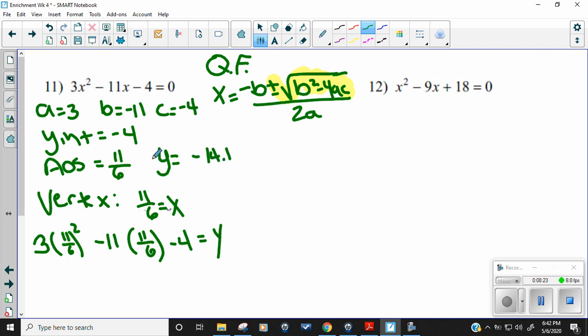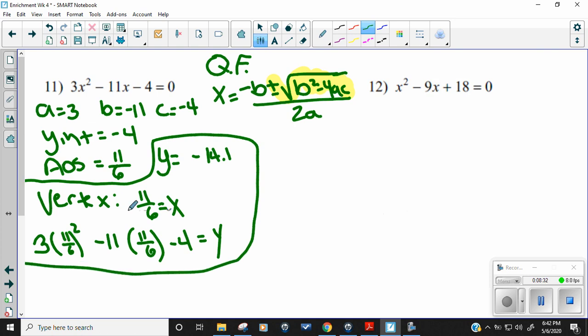So my vertex, this is for my vertex. I'll try to block those off. So my vertex is a point, and the point is 11 over 6, which 11 divided by 6 is 1.8, and negative 14.1.